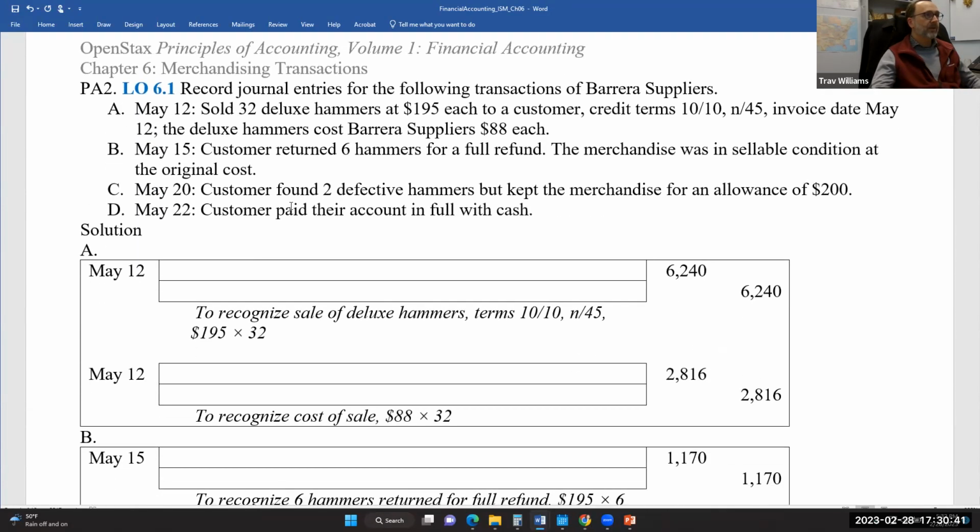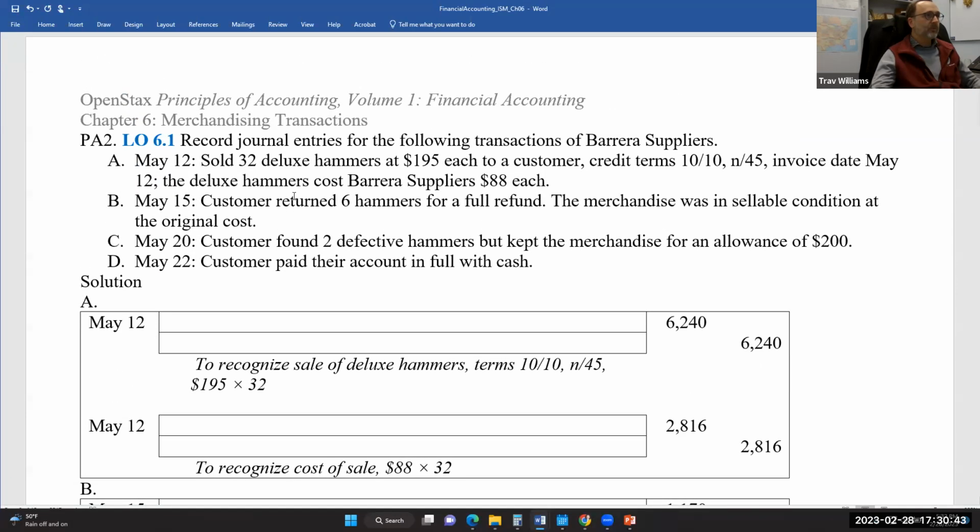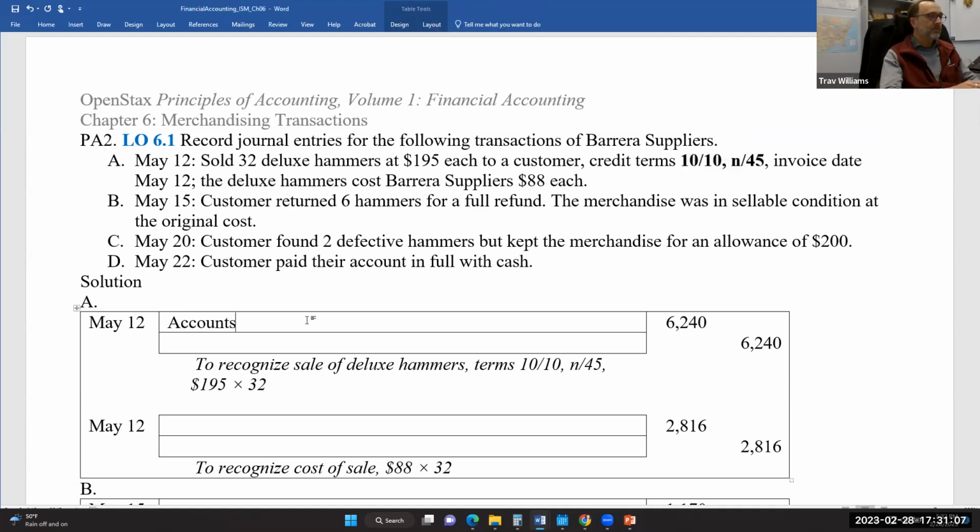Okay, let's see what we're doing here. This is perpetual inventory method because it doesn't say periodic, so we assume it's perpetual. We've got some sales. Okay, we sold 32 hammers. Okay, so that's going to be, we see credit terms. We know the customer hasn't paid, so that's going to be accounts receivable.